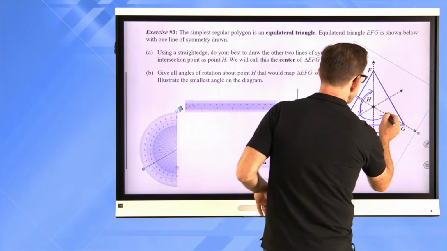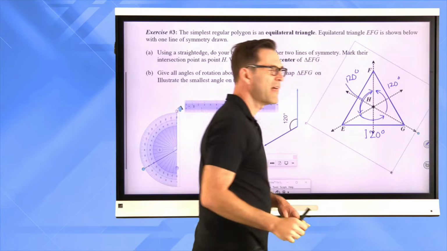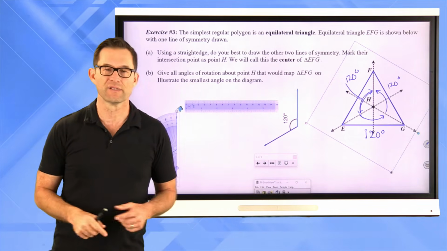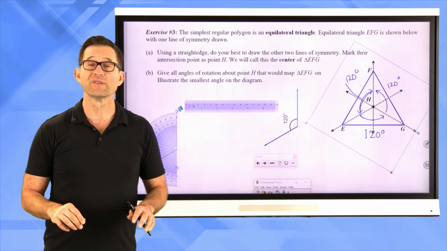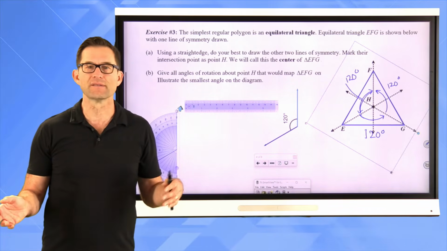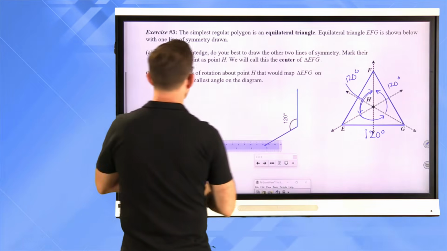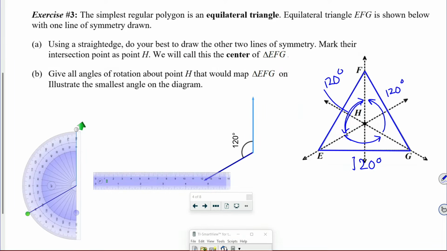The final rotation of 120 degrees would simply be a 360 degree rotation, which is a symmetry of every figure. So sometimes it's listed, sometimes it's not. But let's do it. So we've got a 120 degree rotation, a 240 degree rotation, and might as well throw in a 360 degree rotation.